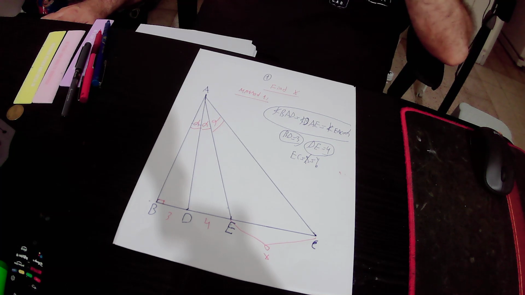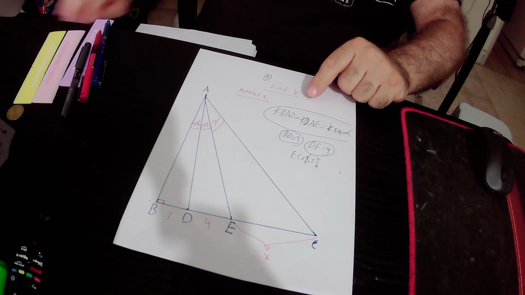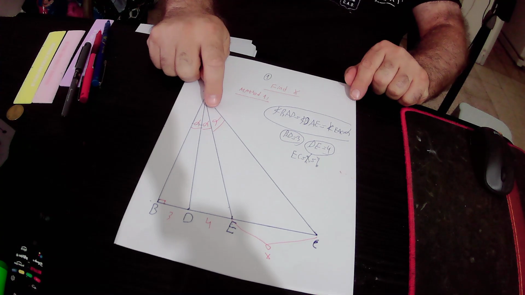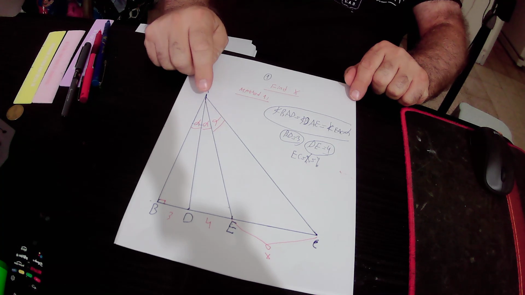And we also know that angle BAD equals angle DAE equals angle EAC, and all of those angles are equal to alpha.